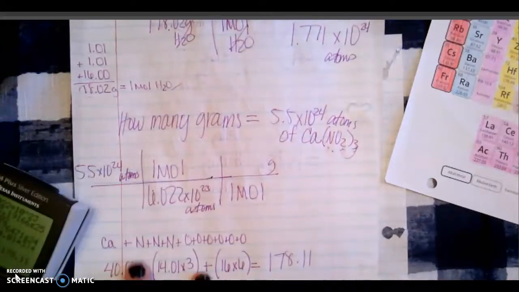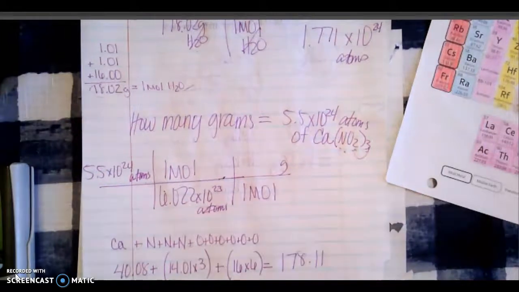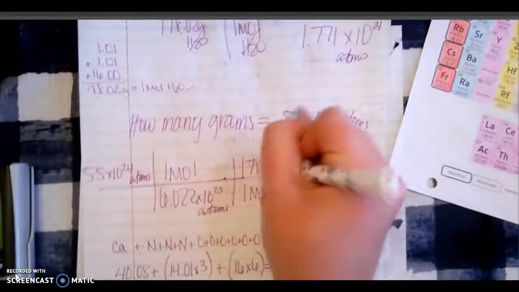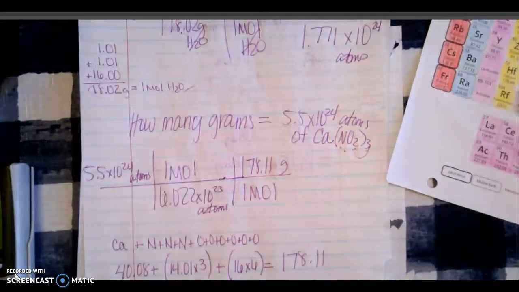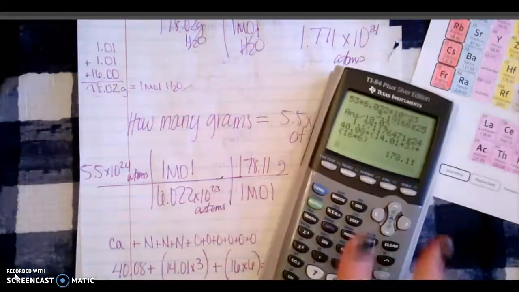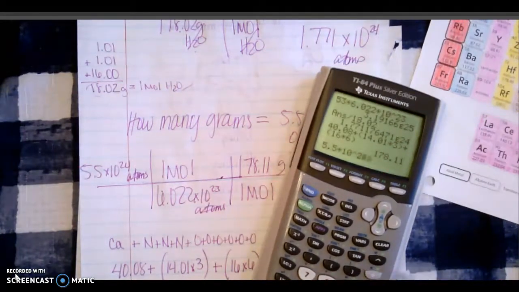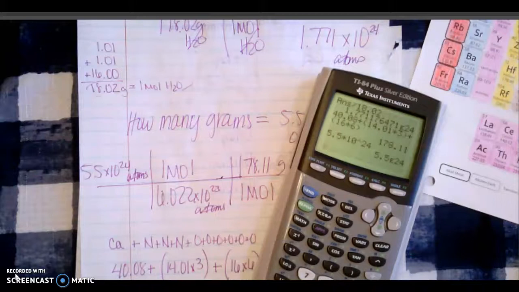Okay, so 1 mole of calcium nitrate is going to equal 178.11 grams. Okay, so I'm going to go ahead and plug all this in. So I've got 5.5 times 10 to the 24th. I'm going to hit enter because I don't want to mess anything up.